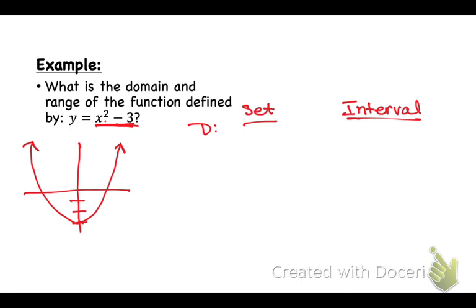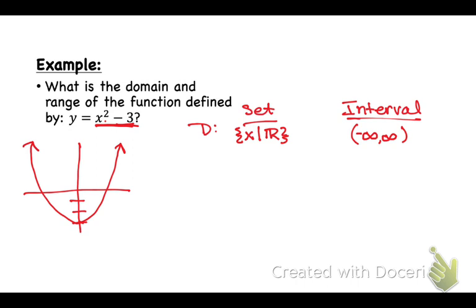So in set, we have the squiggly line x such that x is in the double-backed R, all real numbers. Now in interval notation, we're going to have negative infinity, comma, positive infinity, and are we going to use bracket or parenthesis? Parentheses.